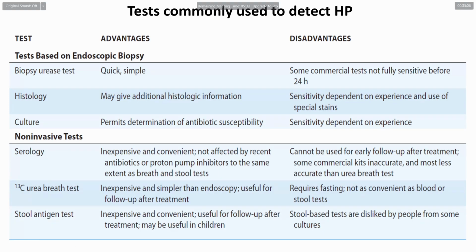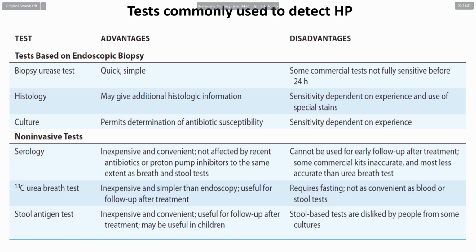It means that your IgG persisted after you successfully treated the bacteria, okay? It cannot be used for patients who have been successfully treated. If you treat someone for H. pylori and you want to check if you have been successfully treated, you cannot do a serology test. You need an antigen test, okay?